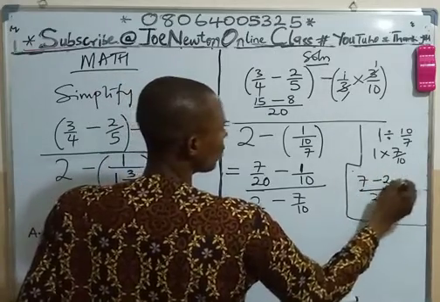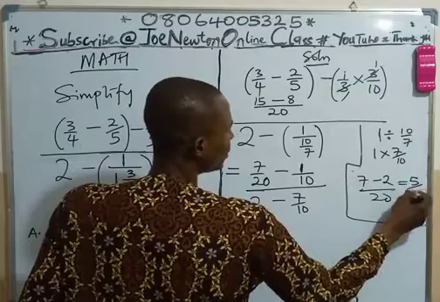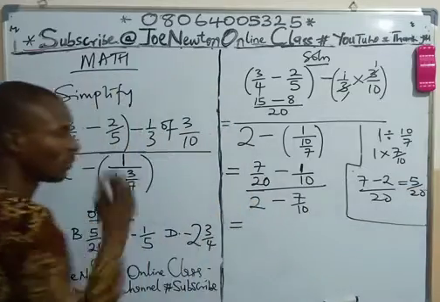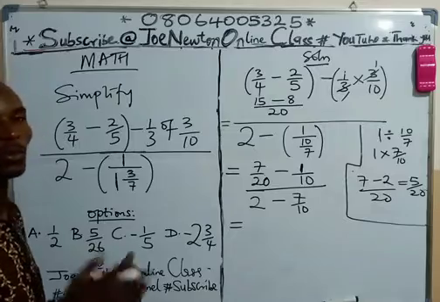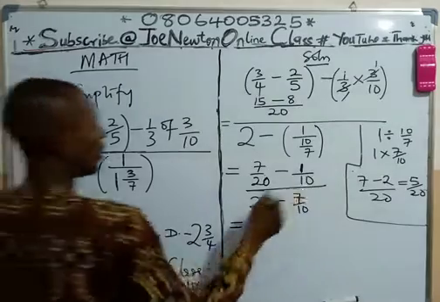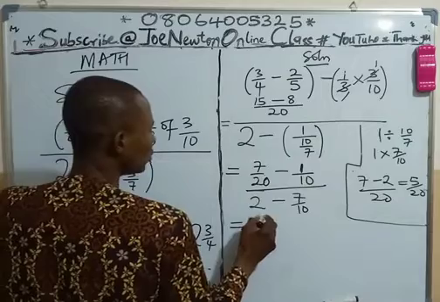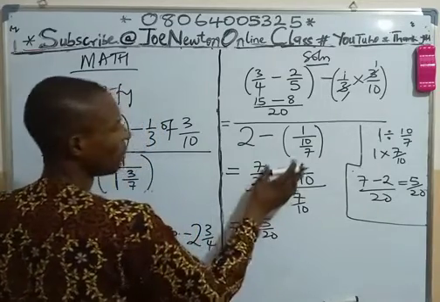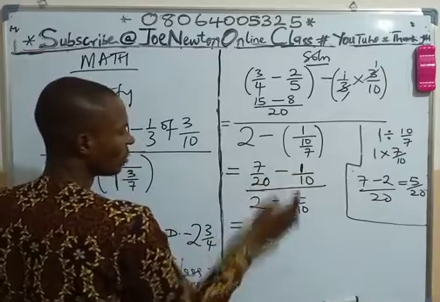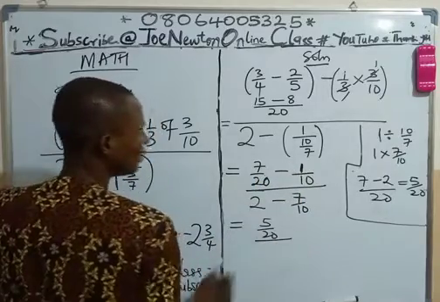So that will give us 5 over 20. Of course, you know that 5 over 20 is like having 1 over 4. So here we have 5 over 20 for the numerator, that is the second numerator, all over the denominator.